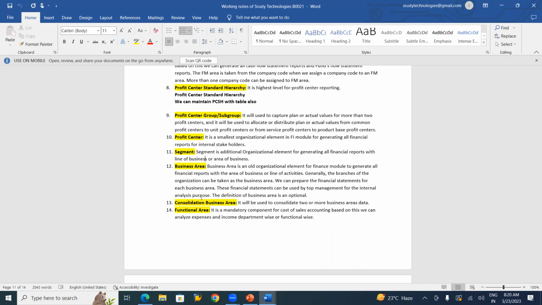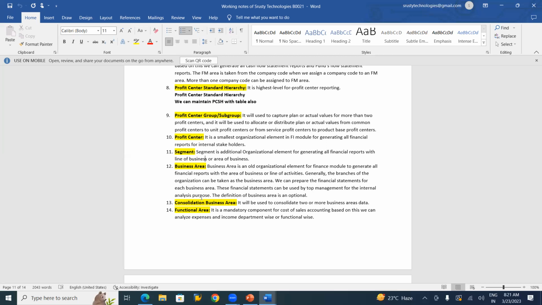Write a note: while creating expense and income GL accounts, we need to mention the functional area. That's it. Any question on this functional area?